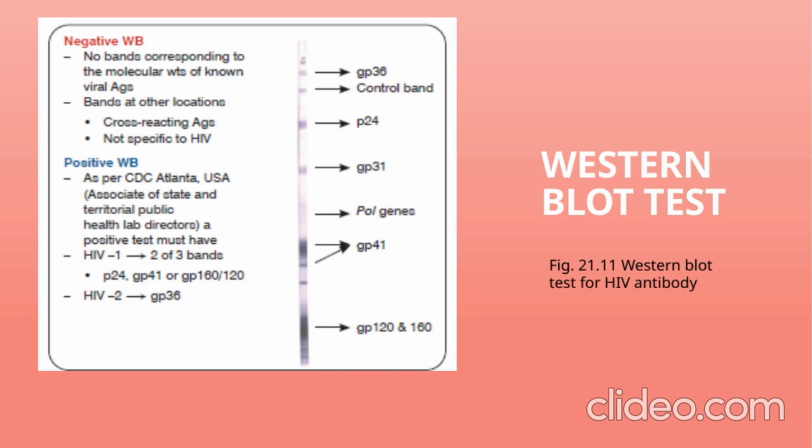A positive result typically shows distinct bands at certain points, indicating the presence of antibodies against specific HIV proteins. This pattern helps confirm infection because false positives are less likely to produce this characteristic banding pattern. It's important to understand that the Western blot is a highly specific test, serving as a crucial part of the diagnostic process.